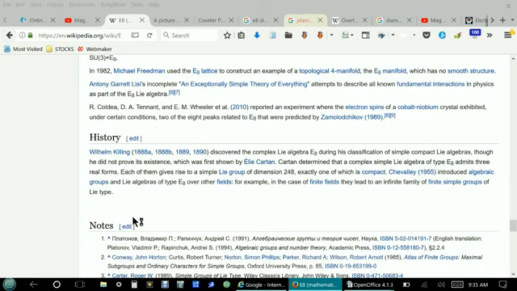Each of them gives rise to a simple Lie group of dimension 248, 24, 8. Okay, 12 houses of Israel, 24 elders within the universe. Okay, so exactly one of which is compact. Okay, so let's move on.